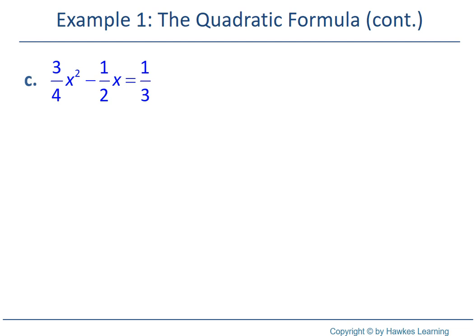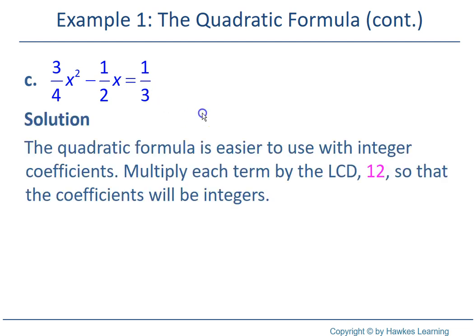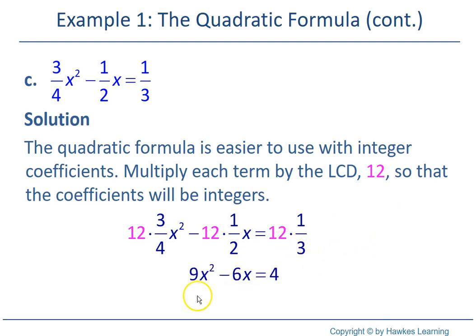Your x values are still the same. So you're going to multiply each term by the lowest common denominator. We did this many times in the past. I would have brought that over to put it in standard form first. Okay, you cancel out. You end up with this.